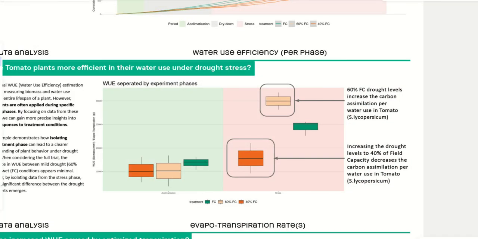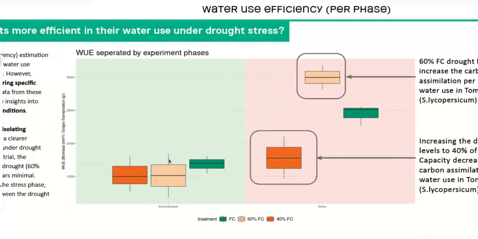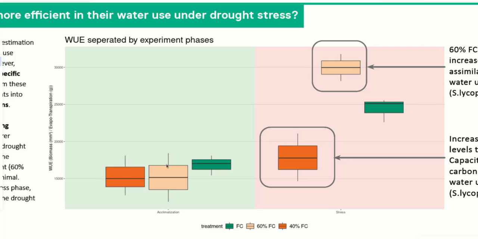However, now by having time series data, we can isolate the different experimental phases from one another. In this example, we can individually analyze the acclimatation phase for its water use efficiency. In the acclimatation phase, we can observe the plants are equally water use efficient.